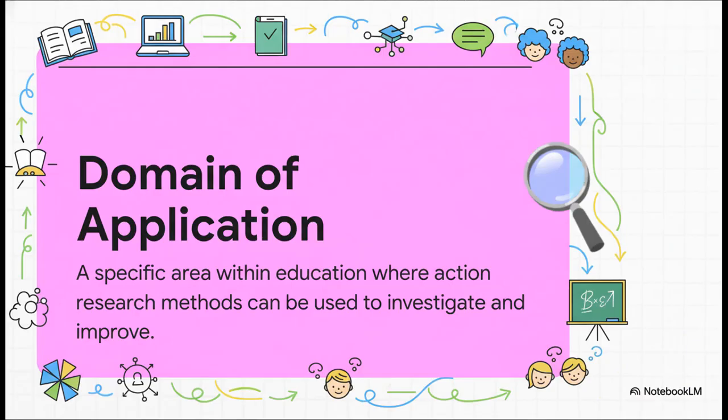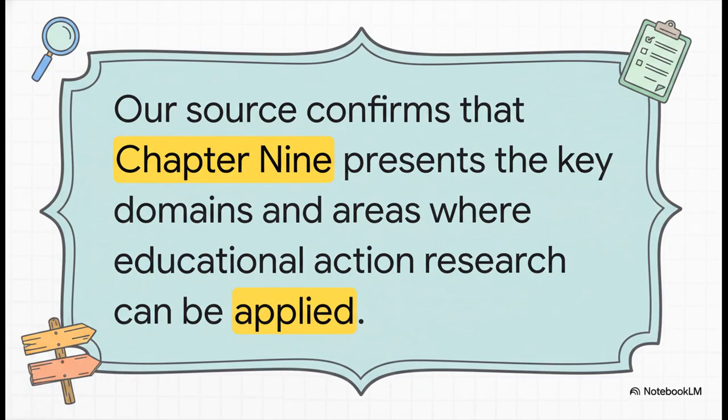This brings us to a really key concept from Chapter 9, the domain of application. It's a bit of a formal term, but all it really means is those specific, concrete areas of educational practice. Things like curriculum design, classroom management, or maybe student assessment, where you can apply that action research cycle we've been talking about. What our source tells us is that Chapter 9 is basically set up like a menu of possibilities.